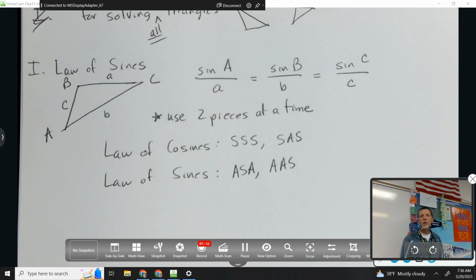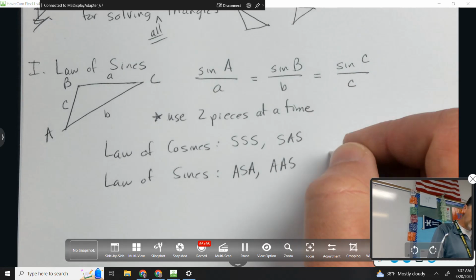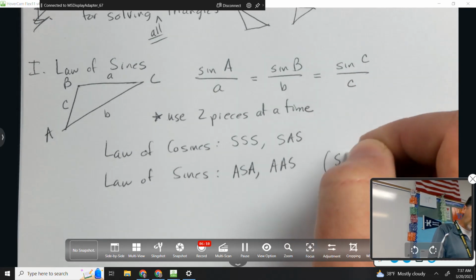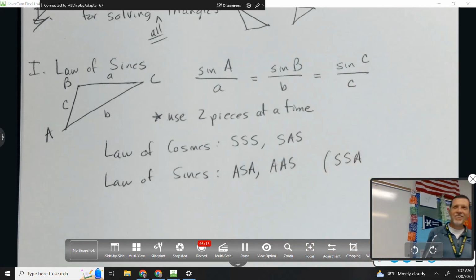Do you remember the one case you're not allowed to use? Some of you do because you're smiling because, right, it's a bad word, right? Angles, or no, I have to say it backwards so I don't have to write the bad word. Angle side angle, right? You're not allowed to use that one.